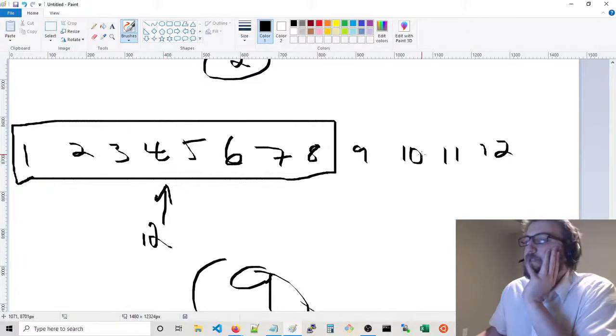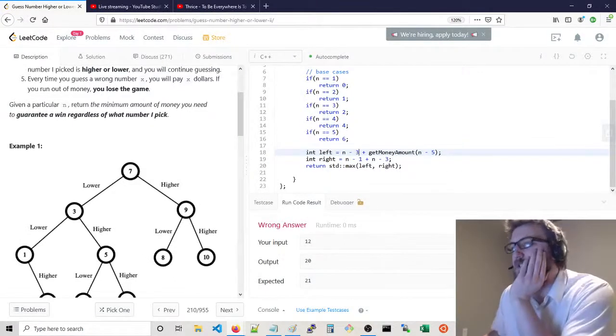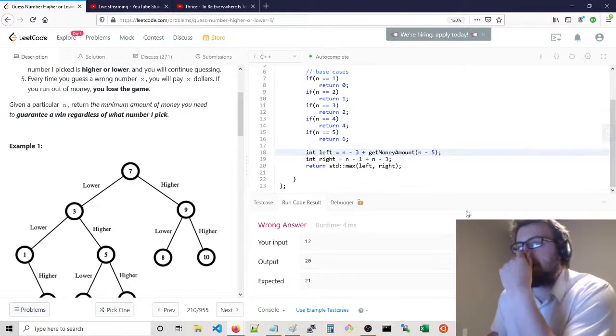And that's n minus 3. That actually makes a lot of sense. It's my mistake. No, what? What is going on? This should be 9. This should be 12. This should be 21. 9. This is 9 plus 11 is 20. Why is this happening?